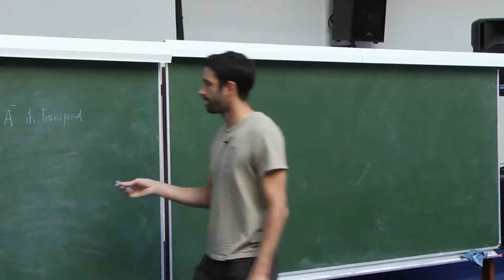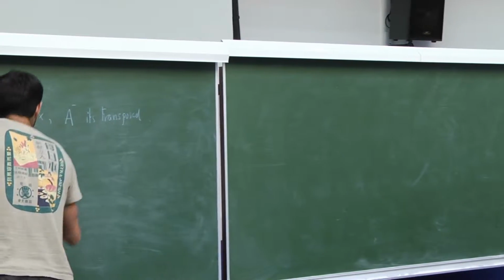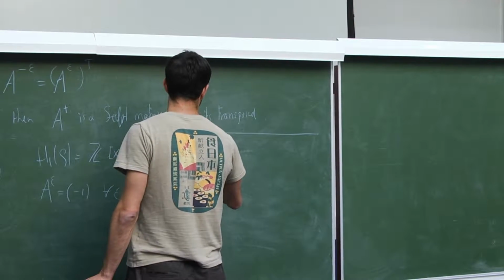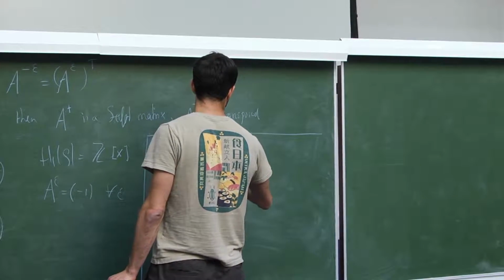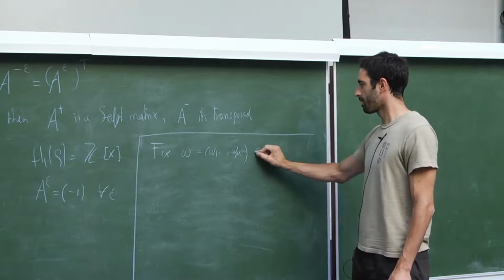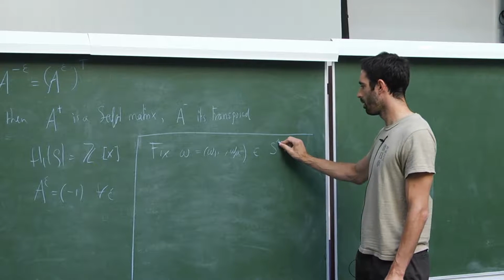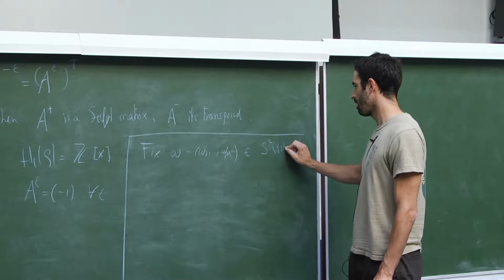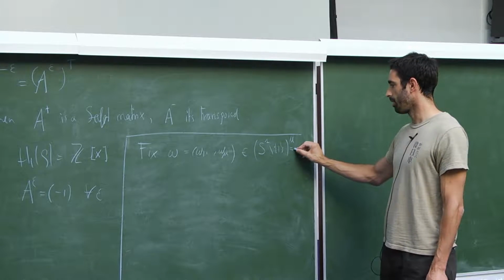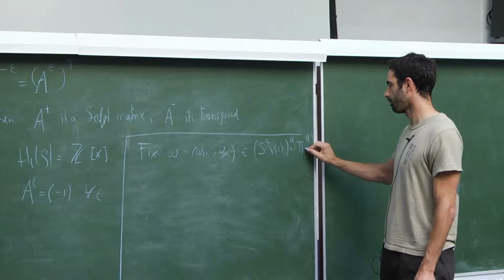So set. So you fix some element. So you fix mu elements of the circle that are different from 1. This I will denote by T mu, maybe a star.